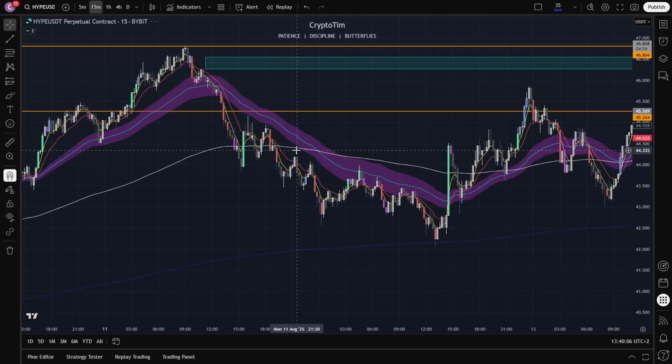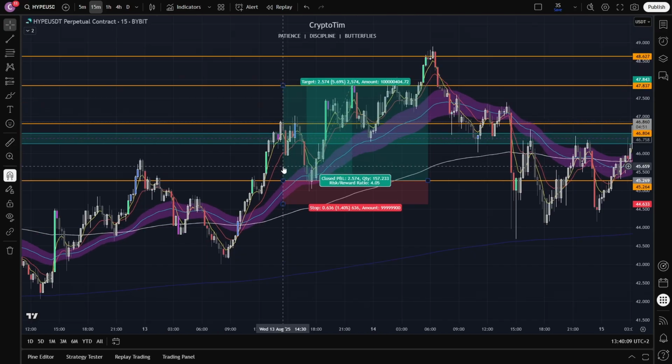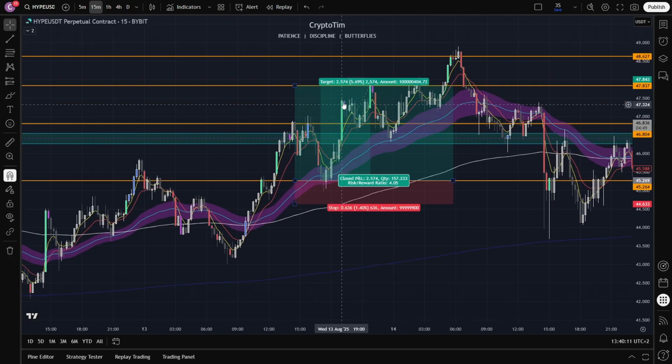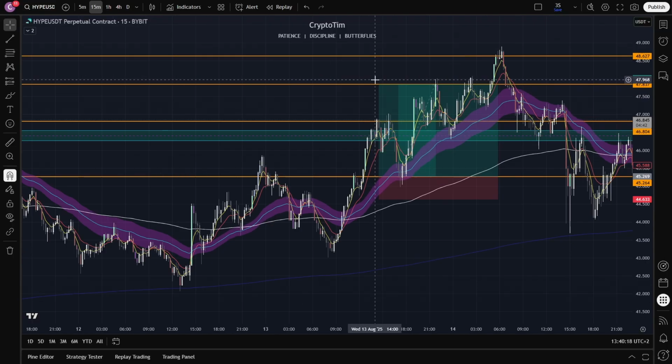From this entry level, let's switch back to the 15-minute time frame. From this entry level we pretty much bounced up perfectly again, sweeping this high, small retrace, sweeping the high that we targeted.